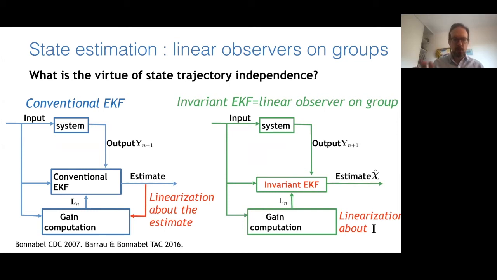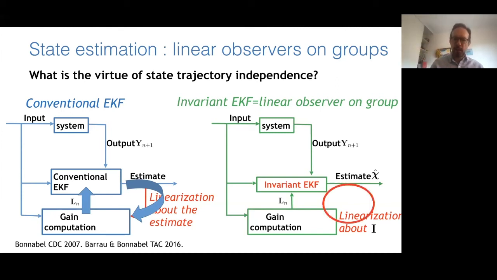So although the structure is very similar, a fundamental difference arises, as here you see that the gain does depend on the estimate, because the system is linearized about the estimate. And so you can have a positive feedback here that may be harmful, because if the estimate is wrong, then the gain is going to be wrong, and the correction is going to be wrong, and it can make the estimate even more wrong, right?